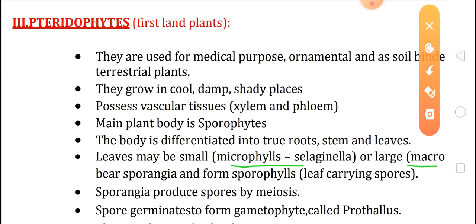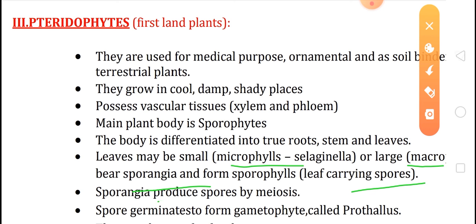The sporangia produce spores by meiosis, a cell division that takes place in sporangia, and after that the spores are released, microspores and megaspores. The microspore contains the male gamete and the megaspore contains the female gamete.